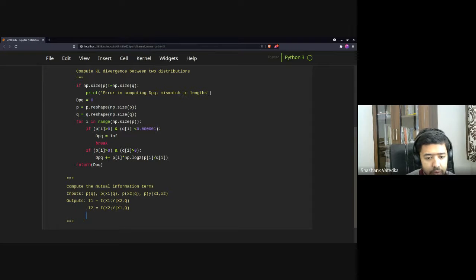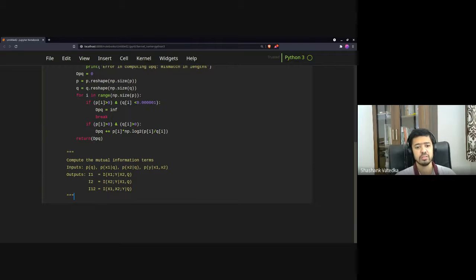And I12 is the mutual information between x1, x2, and y given q. These are the three quantities that I have to evaluate.